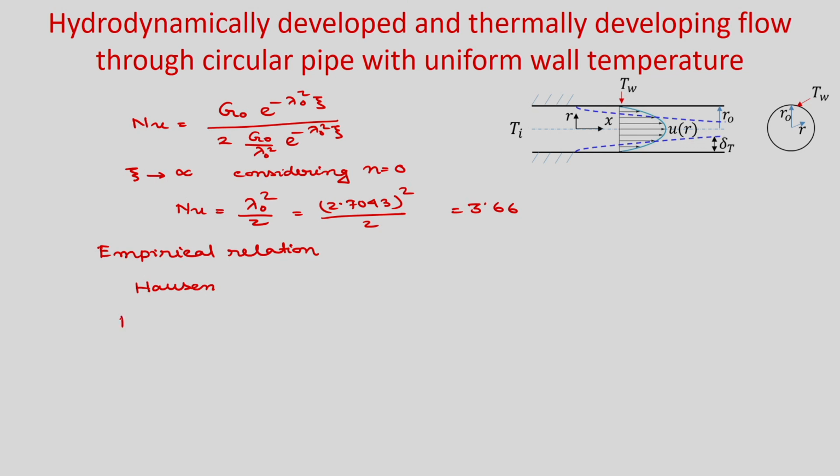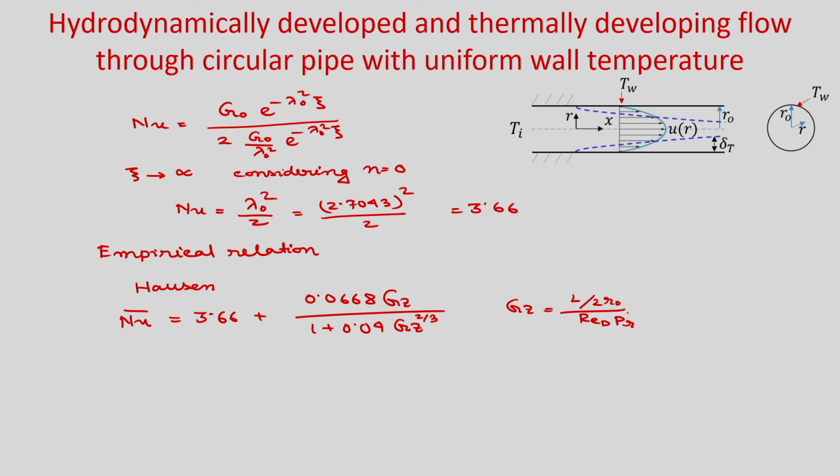The average Nusselt number is 3.66 plus 0.0668 Graetz number divided by 1 plus 0.04 Graetz number to the power 2 by 3, where the Graetz number is defined as L divided by twice R naught, which is your x, divided by Re into Prandtl number. So, you can see the Nusselt number approaches the constant value of 3.66 when the tube is sufficiently long, because this term will become 0.